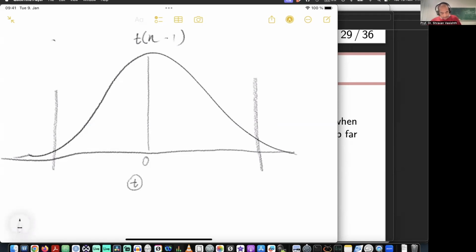So what I'm going to say is that I'm going to define two quantiles, Q1 and Q2, right? So these quantiles will be defined such that the area to the right of the second quantile is 2.5%, and the area to the left of the first quantile is 2.5%.